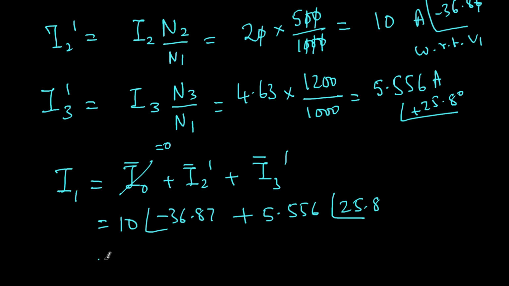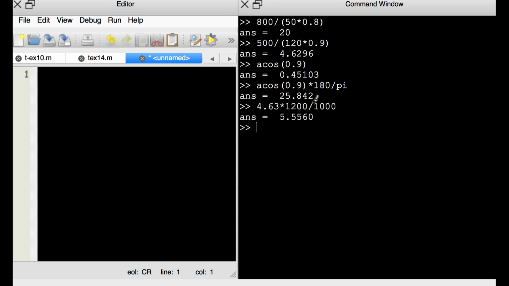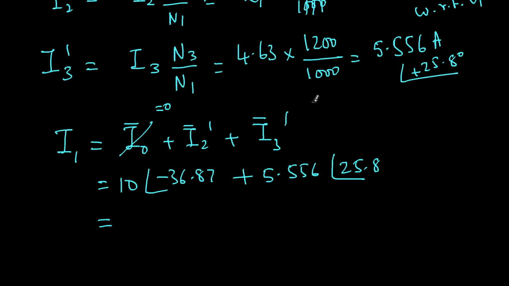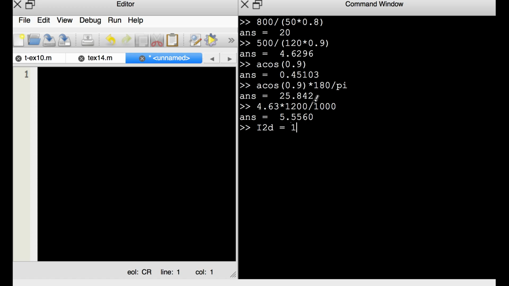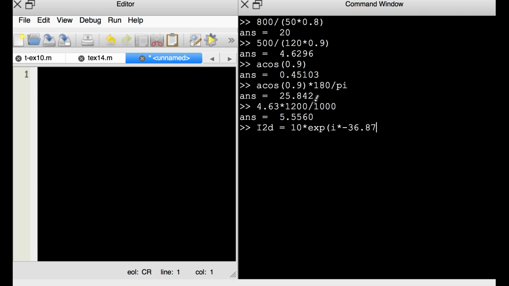This is the addition I have to do to find my I1. So let's do that here. I2 dash equal to 10 into exponent of j into minus 36.87 divided by 180 multiplied by pi, not to forget the units.